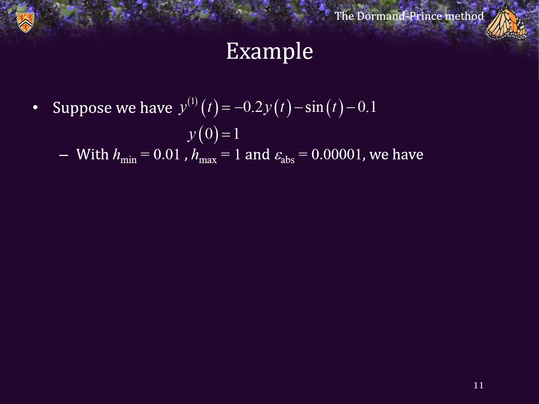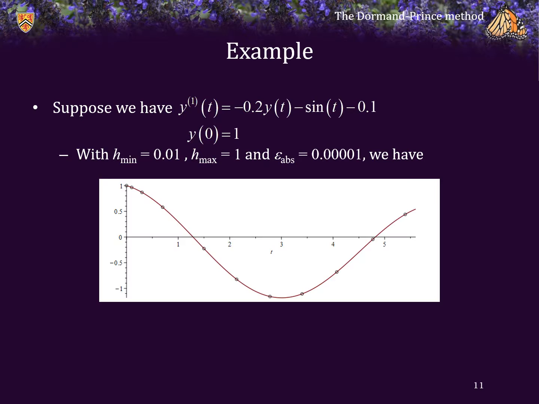However, now we're going to have a slightly more stringent absolute epsilon value of 10 to the negative 5. So here is the function and the approximations. You will note that the initial step size is 0.1, and we only allowed ourselves the luxury of at most doubling the step size.